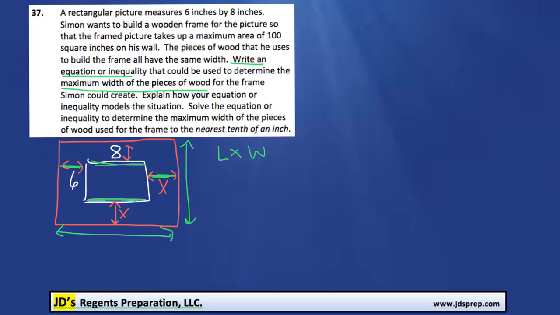So the length will be 8 plus 2x. And similarly, the width will be this initial distance of 6 plus this distance of x, again, twice. So it'd be 6 plus 2x. And we want this to equal 100.